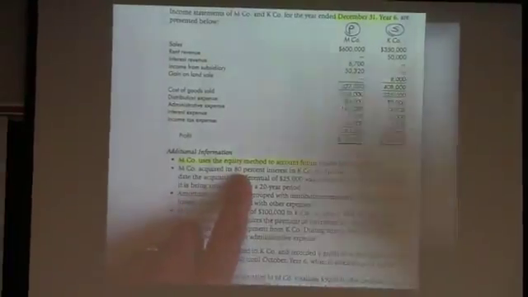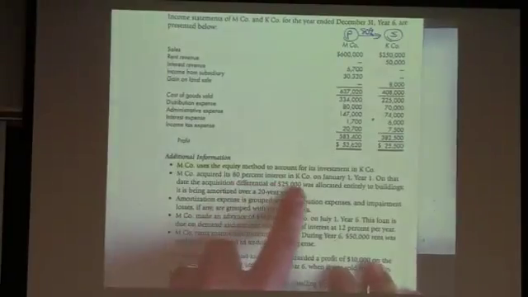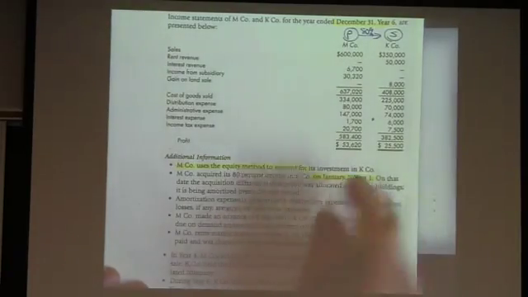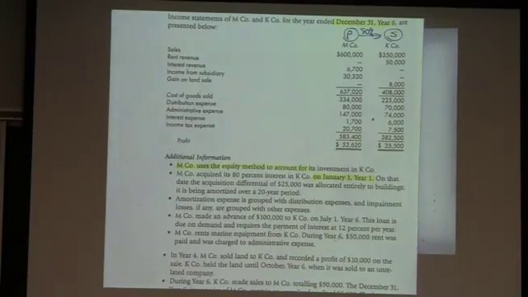M acquired 80% of K, and the acquisition date is January 1st. Again, it's important to note this because it could be July, it could be a partial year, so we need to be mindful of the amortization of the acquisition differential, particularly in the first year of acquisition.